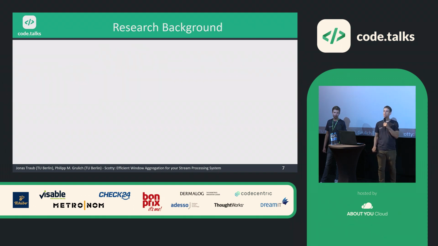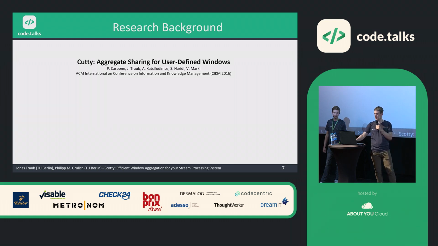We have done quite some research on that, and I want to give you a brief overview about that background. Everything started with the Scotty paper, where we looked mostly at the expressiveness with respect to window types.